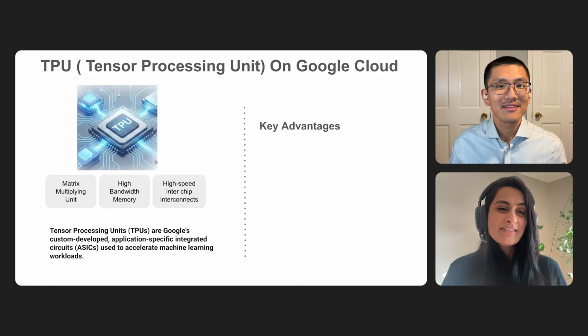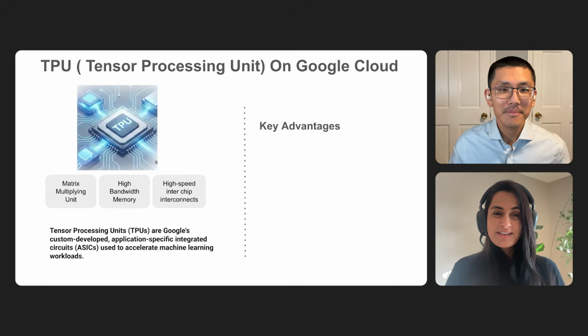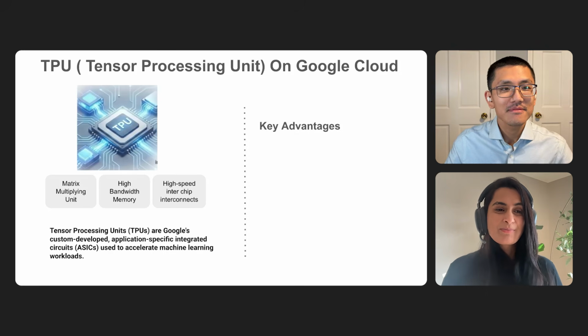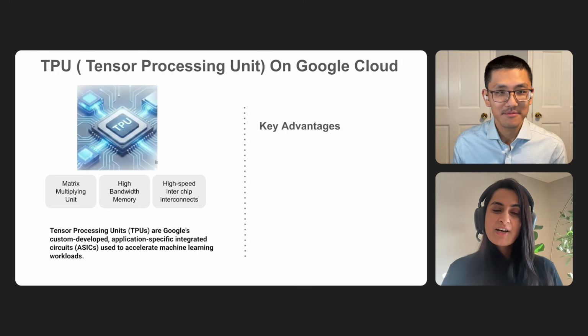Let's go through a journey and understand why TPUs on GKE, what the value proposition is, and get you all the information that you need to make your decision and to get started on TPUs. Let's jump into it now. As you can see, TPUs, Tensor Processing Units, are Google's custom-developed ASICs.